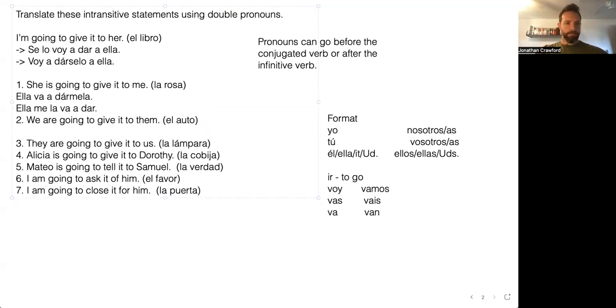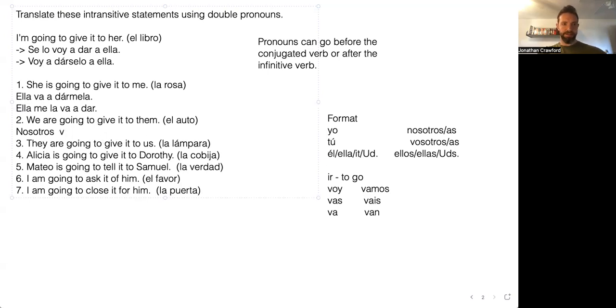All right. We are going to give it to them. And the thing that we're giving to them is el auto, which is a car, an automobile, right? So we say, nosotros, we are going to give it to them.